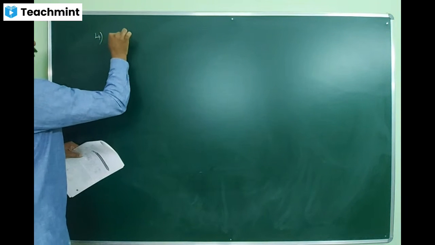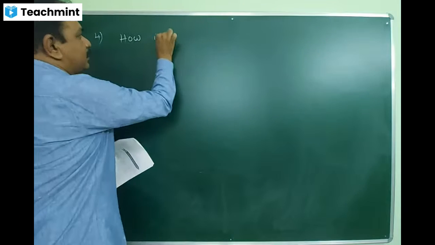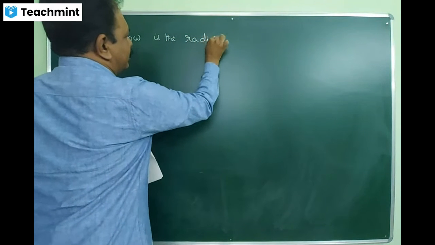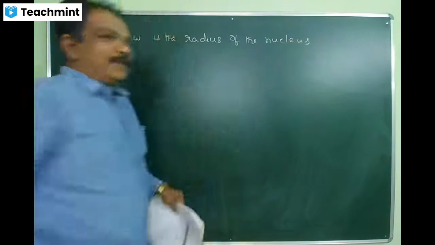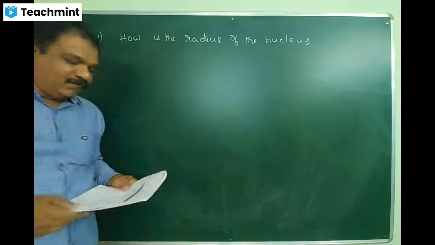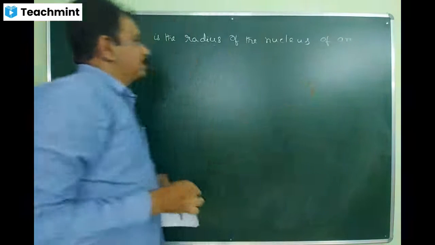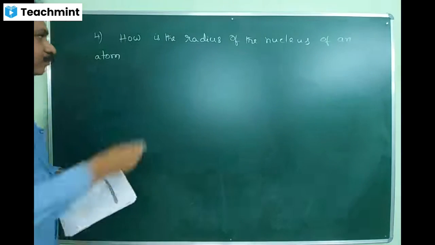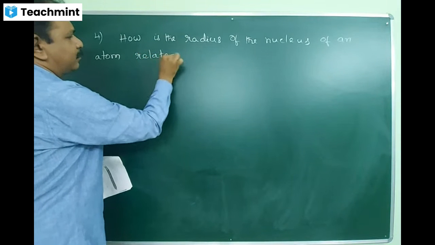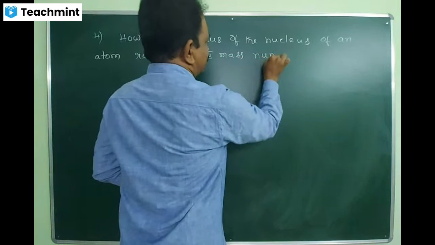How is the radius of the nucleus of an atom related to its mass number?